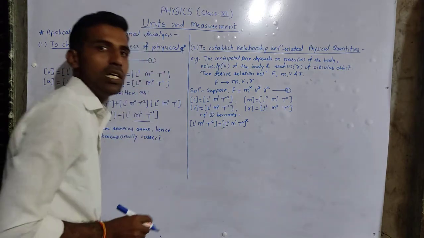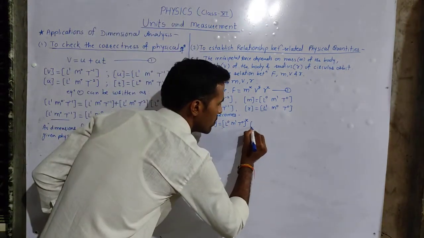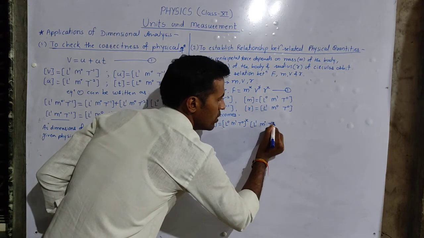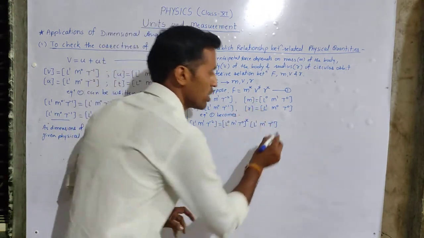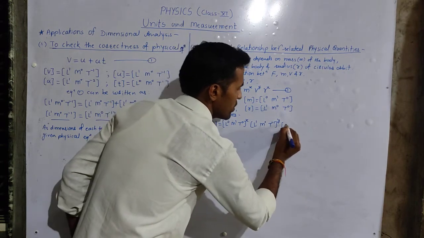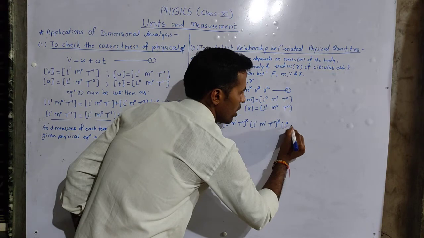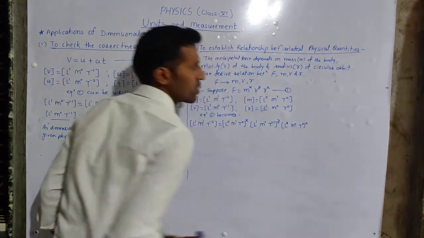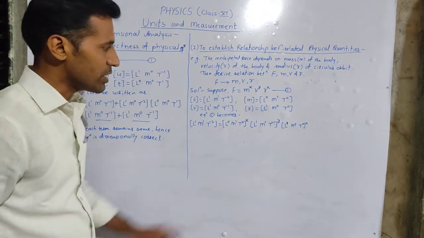So let's write the x power of the bracket. Now V, L1, M0, T minus 1, and power of the V is y. And the final term is radius, that is L1, M0, T0, and its power is z. Okay. Now LHS remains as it is.